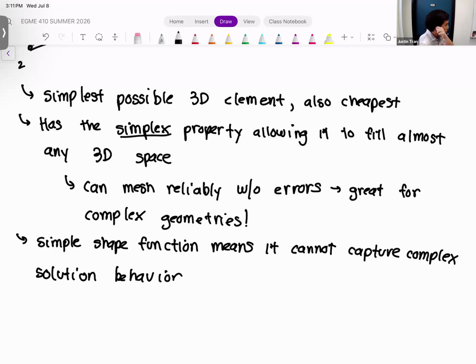And so if you have fast gradients or maybe multi-dimensional variations within the element, the linear tetrahedron will struggle to capture those effectively. What that means is that if you do want to get an accurate and reliable solution with the linear tetrahedron, you have to refine the mesh and make the elements smaller than you would in any other case.